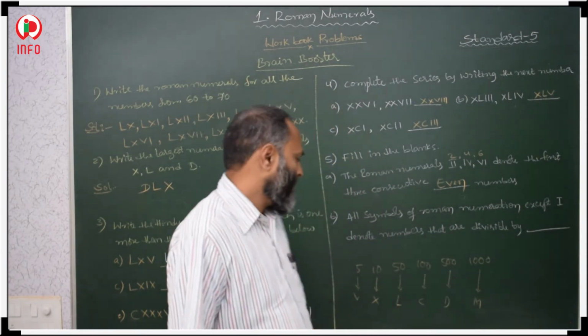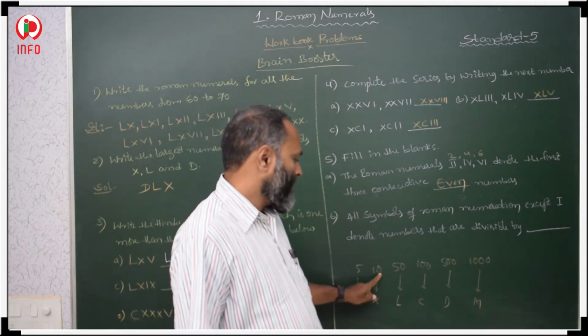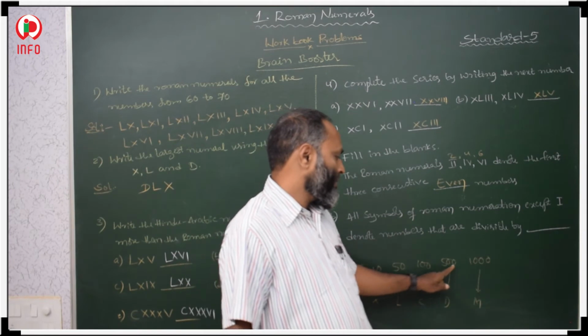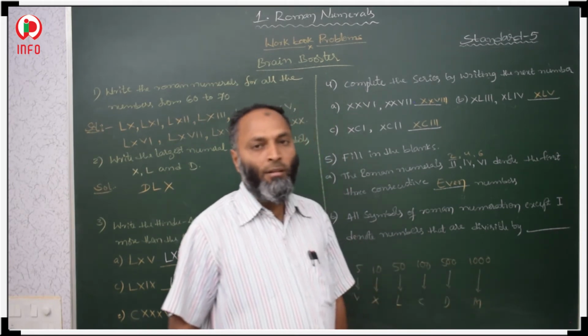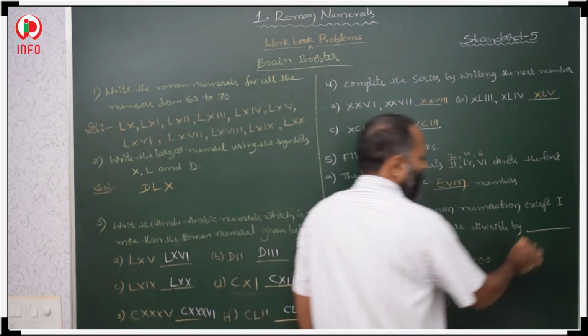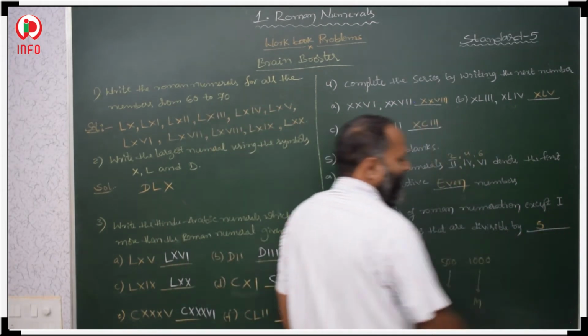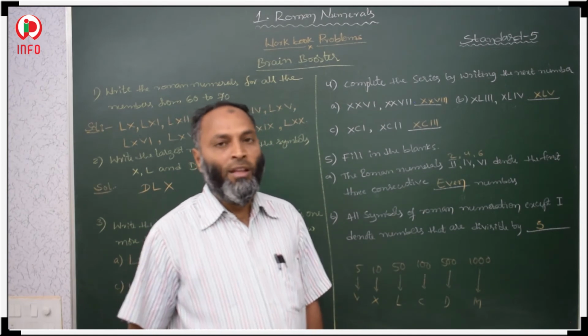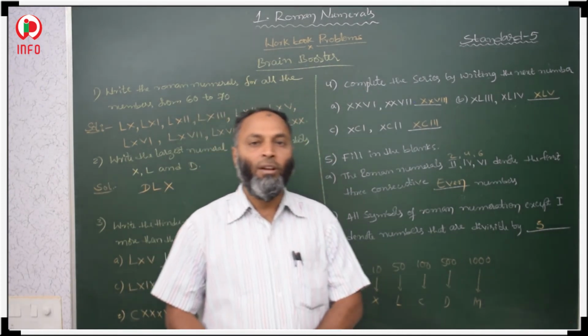The last digit is 5 or 0. It means all the numbers are divisible by 5. If the last place value of a number is 0 or 5, then the number is divisible by 5.